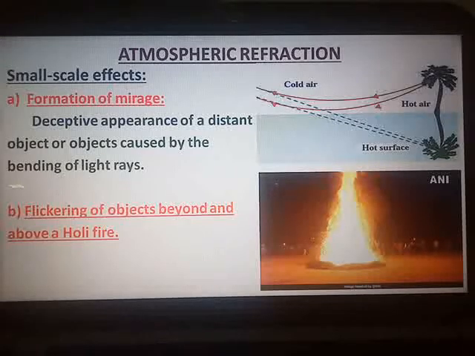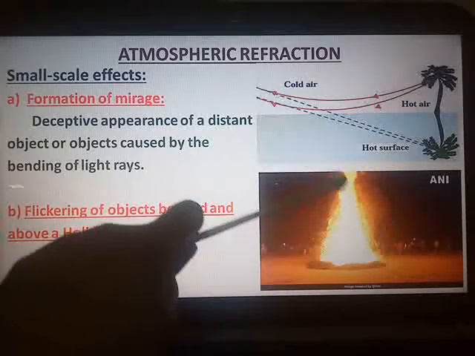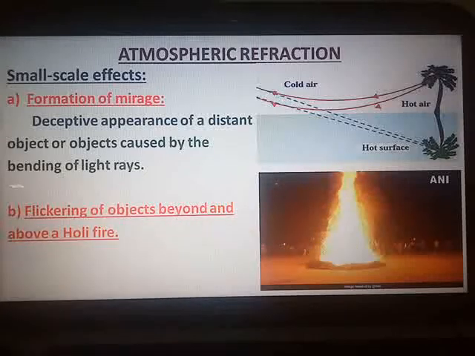Here also the flickering of the object is through a turbulent stream of hot air rising above the Holi fire. If you stand near the Holi, the air near you is much hotter than the cool air.